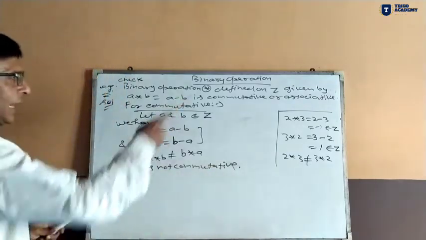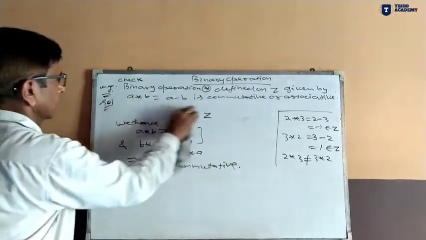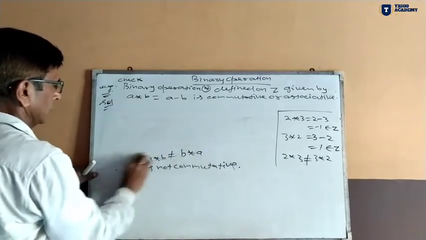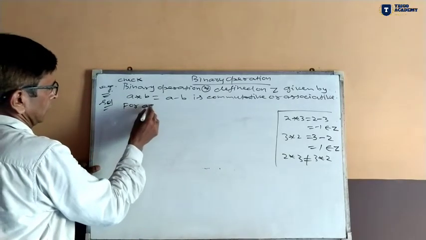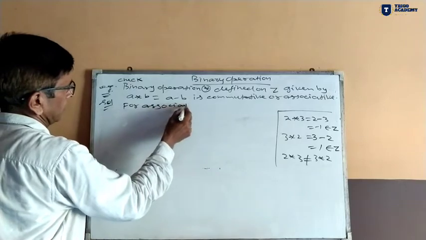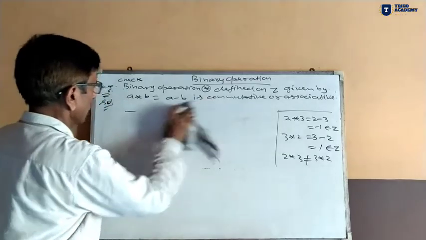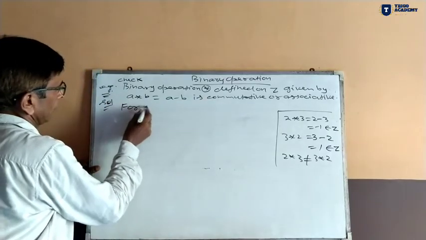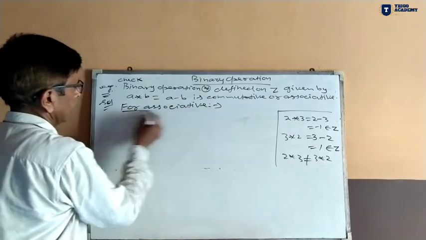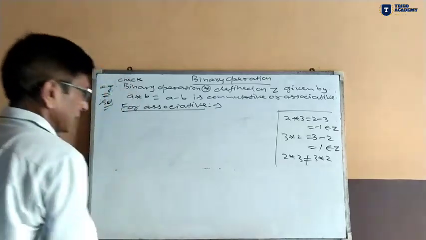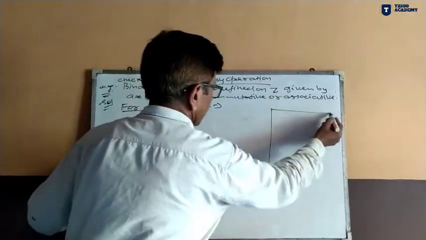Second, associative. For associative, in this case we consider 3 elements this way.